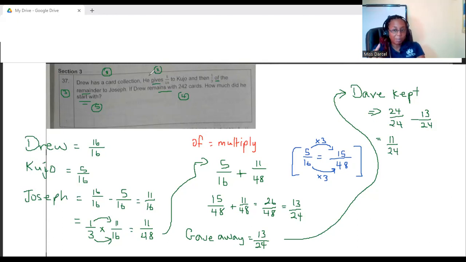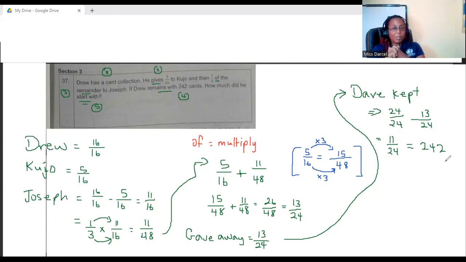What he kept is what remained. And if you look at part 4 over here, Drew remains with 242 cards. So therefore, they are the same. 11 over 24 is the same as 242. So in fraction form, 242 in this case would be 11 out of 24.